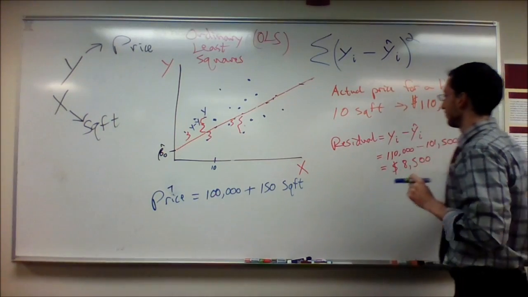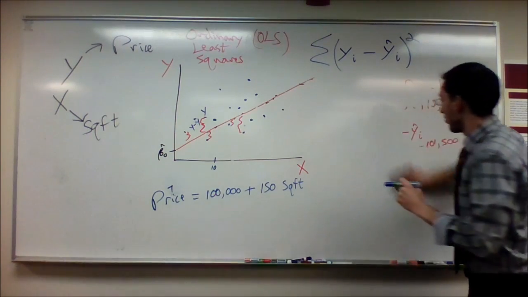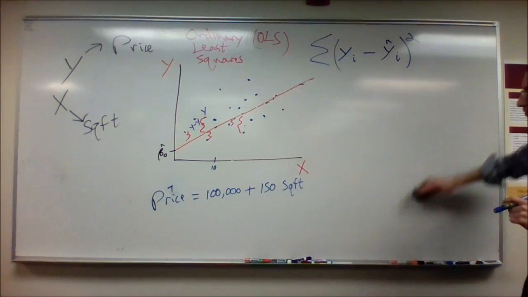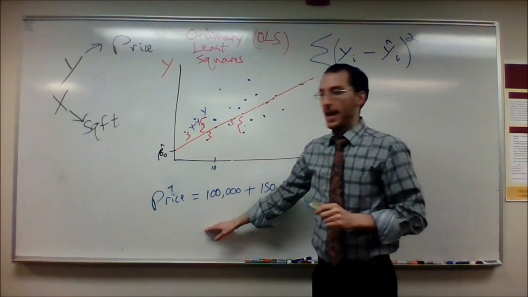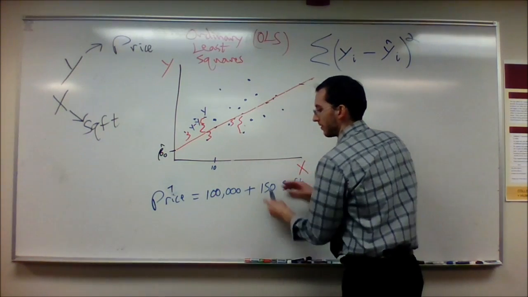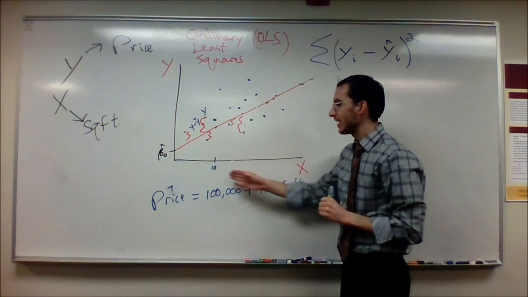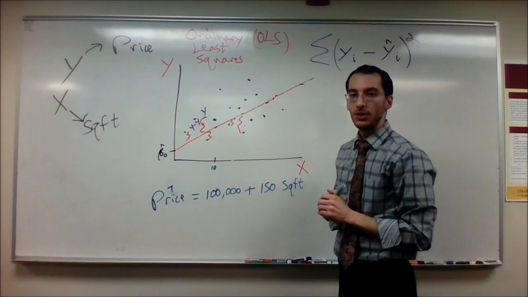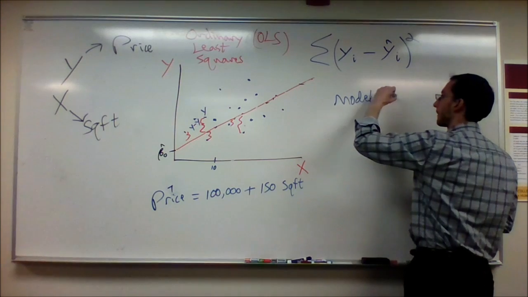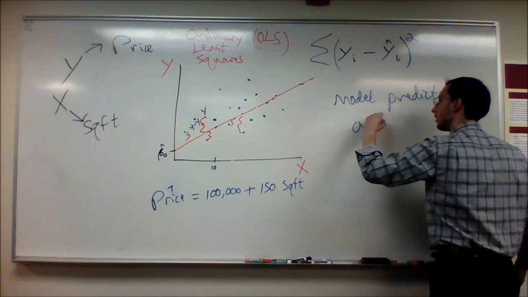Next thing is, there's a very important word I want you to use a lot, and it's the word average. This line is predicting the average price at a given X value. So our model predicts averages.